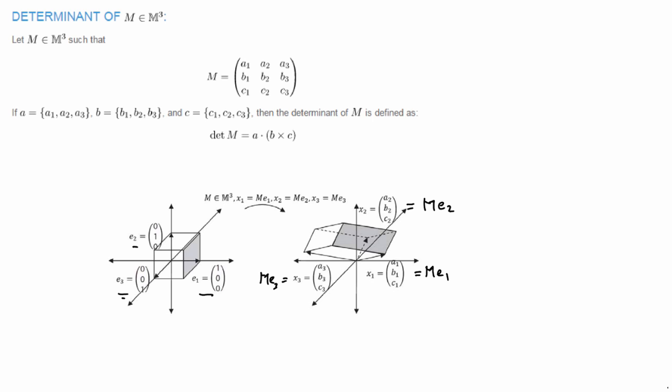Then in that case, the determinant of M is equal to ME1 dot ME2 cross ME3, which is the new volume after transformation.